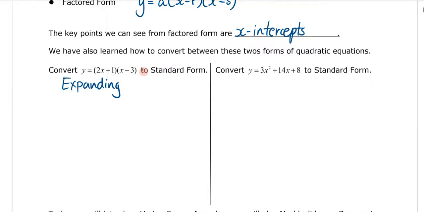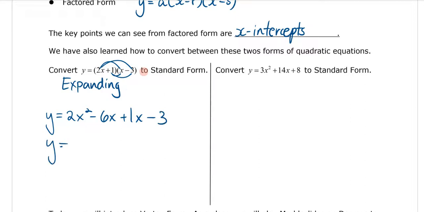You would say y equals 2x squared, then 2x times minus 3 is minus 6x, plus 1x, and 1 times 3 is minus 3. Then you collect like terms: the two middle terms, minus 6x and plus 1x, make minus 5x. So y equals 2x squared minus 5x minus 3, and there's your standard form.